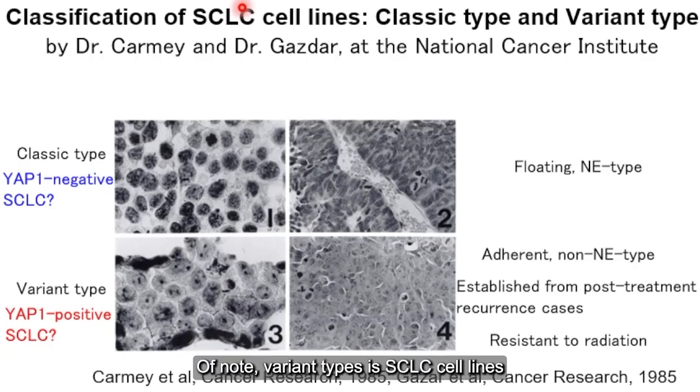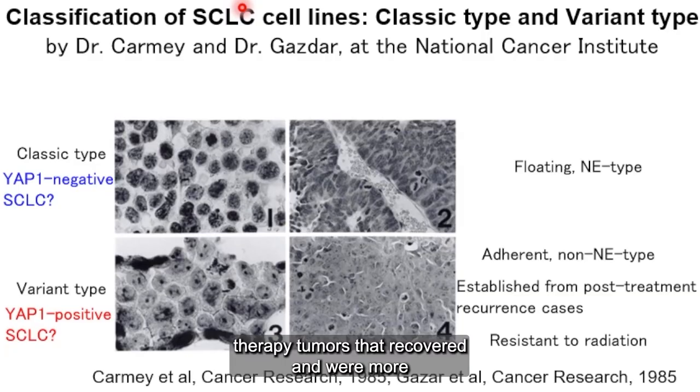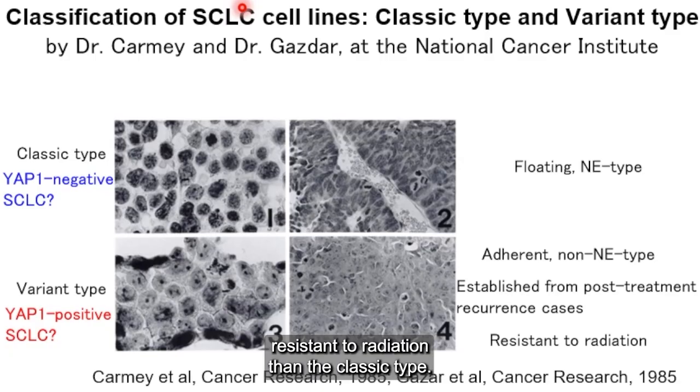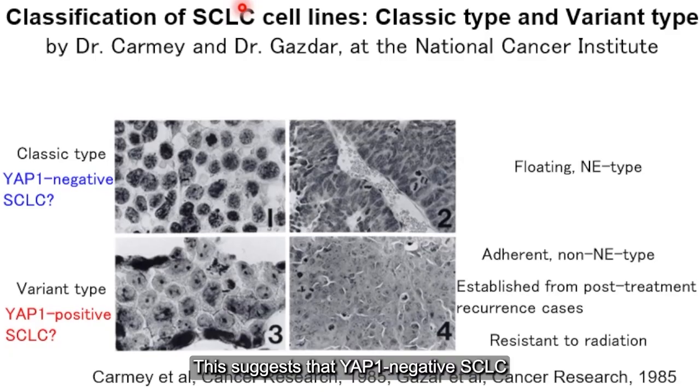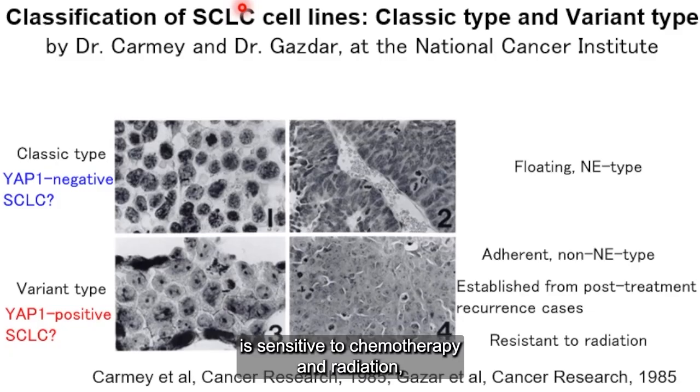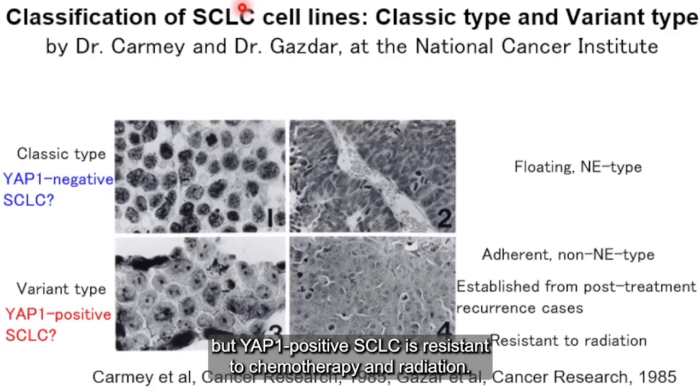Of note, variant type SCLC cell lines frequently originated from post-therapy tumors that recurred and were more resistant to radiation than the classic type. This result suggests that YAP1-negative SCLC is sensitive to chemotherapy and radiation, but YAP1-positive SCLC is resistant to chemotherapy and radiation.